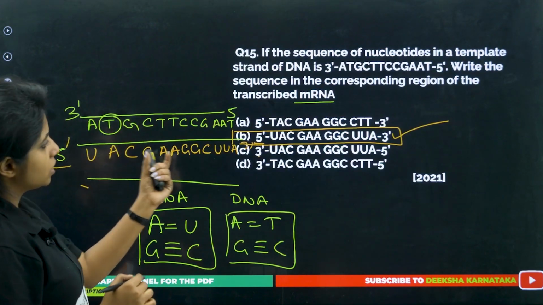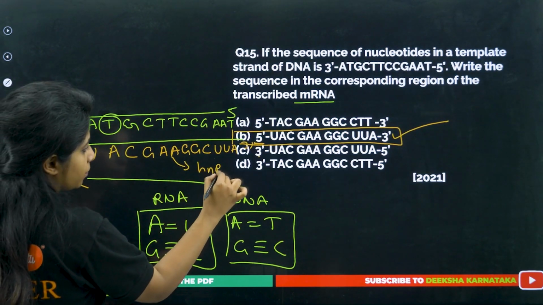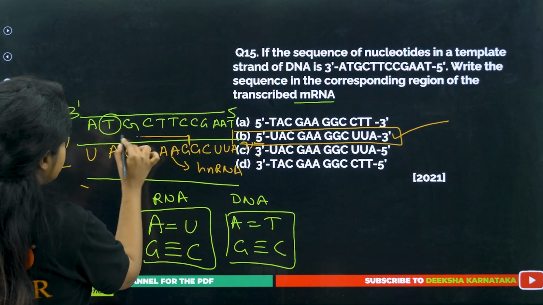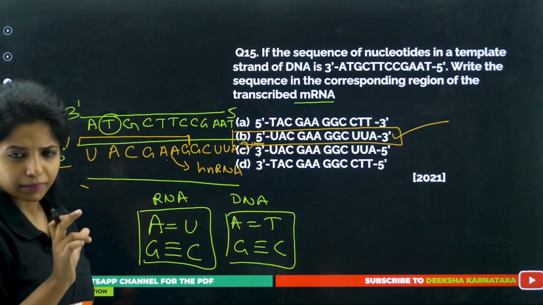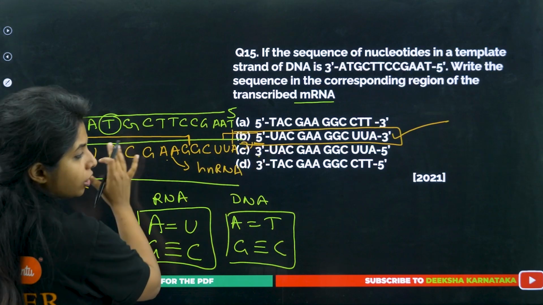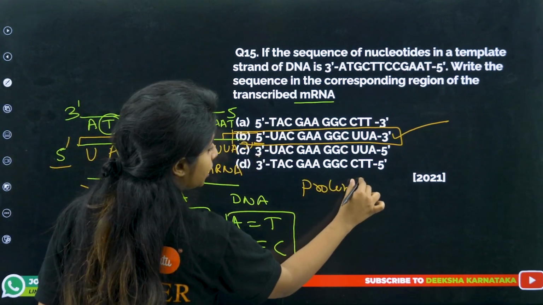For example, suppose this is a code that is being formed. This strand that is being formed here is hnRNA. Now, suppose until here it is coding for a thing. Again, from here it is coding for a thing. All of this thing and this thing, when it comes together, it forms a protein, protein number 1.